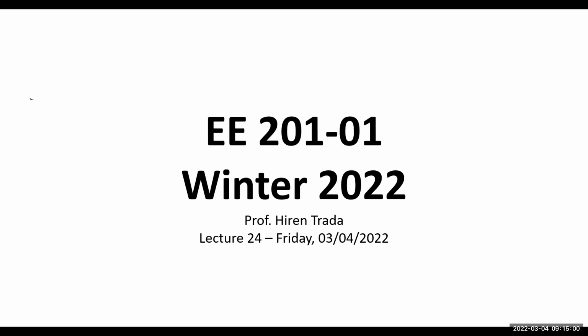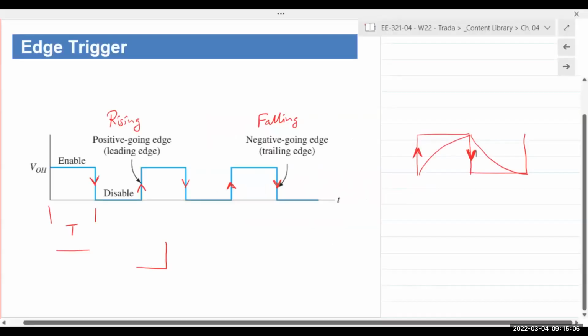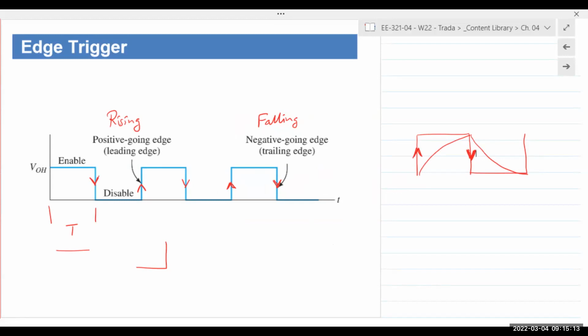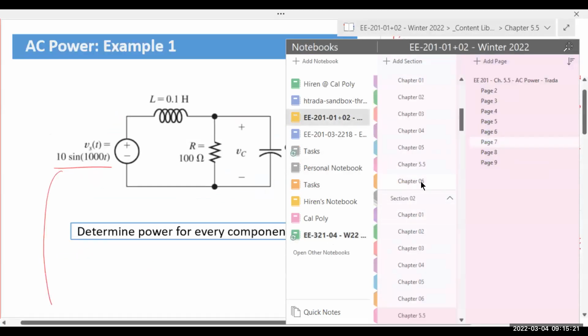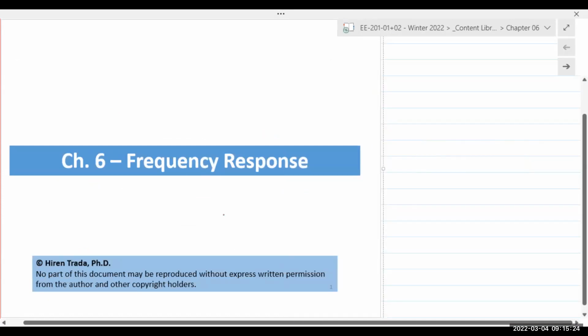All right, we'll begin with chapter 6 today. Chapter 6, Frequency Response.